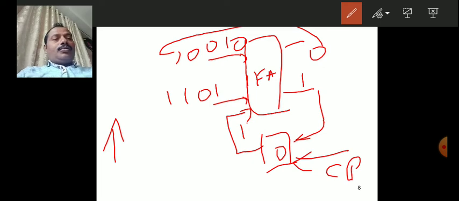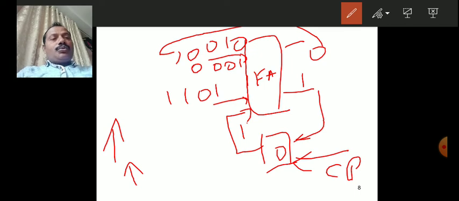Same thing now. Once another pulse comes here, this 0 is shifted to the MSB position. That means X becomes 0 0 0 1.